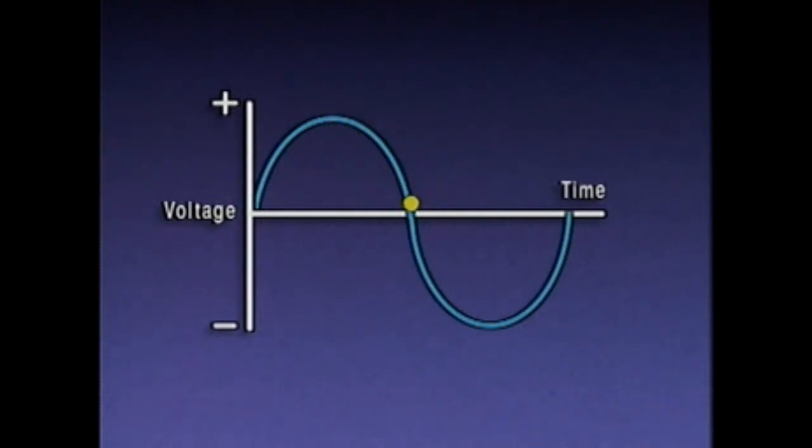Then it returns to zero. Increases in a negative direction until it reaches its maximum negative value. Then returns to zero again. In fact, this cycle of increasing and decreasing voltage values repeats many times per second.